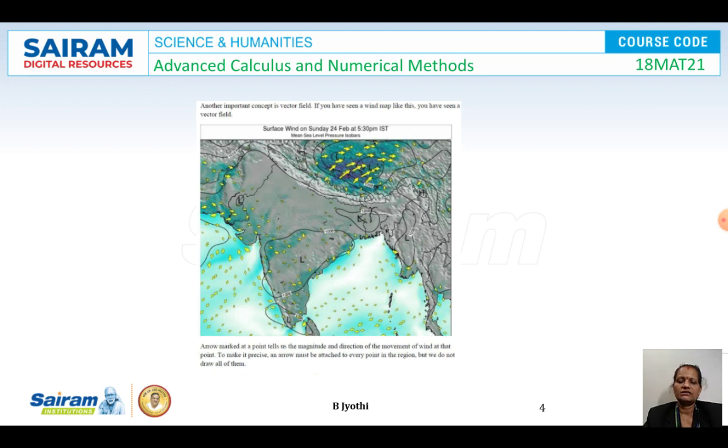To make it precise, an arrow must be attached to every point of the region, but we do not draw all of them. Only in a few areas, where the wind is more, it has been represented over here. So this is another example of a vector field.